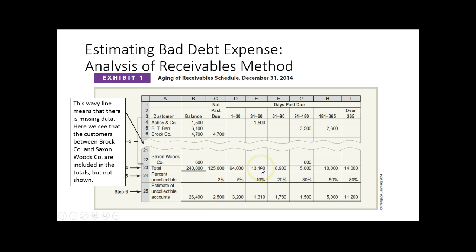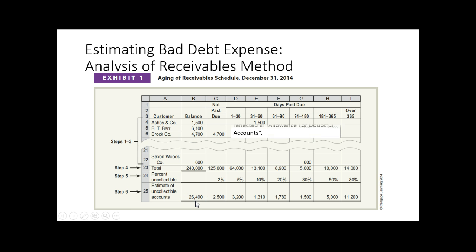In this case, there's just a little bit, 31 to 60 past due, but 10% uncollectible. Then by the time you get to 365 days past due, we're saying that's 80% uncollectible. $14,000 and $11,200 of it is not collectible. So at some point, we're going to start writing some of these off. Anyhow, we total all these numbers up to get the total here.